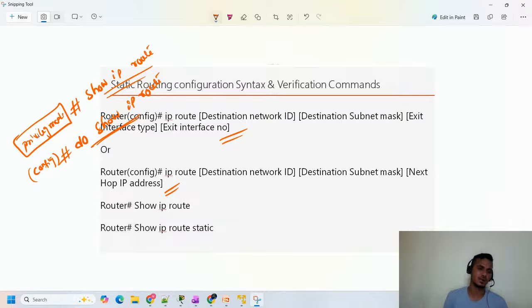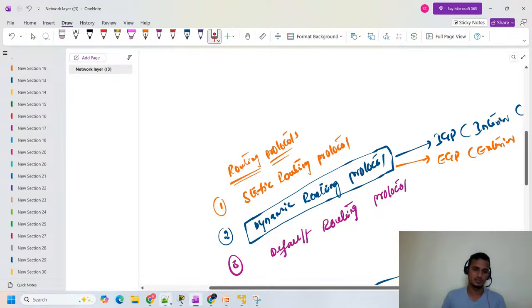In privilege mode you can run the show ip route command to verify the routing information. If you are in global configuration mode, you just need to add do before the show command, guys. So this is the verification part of the configuration as well.